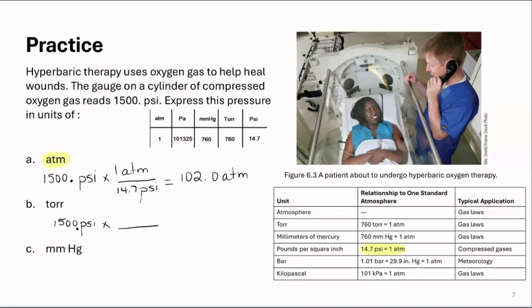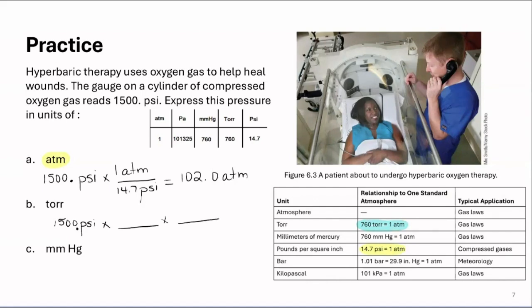When we are looking specifically between PSI and torr, as you can see on the table, we are going to use our value for PSI to ATM, and then we're going to include the ATM to torr conversion. So we're going to use 2 conversion factors.